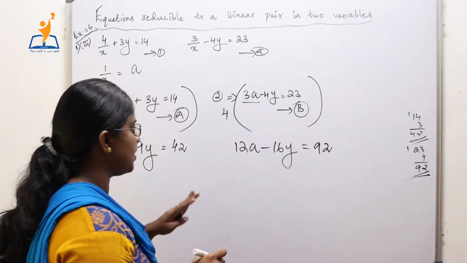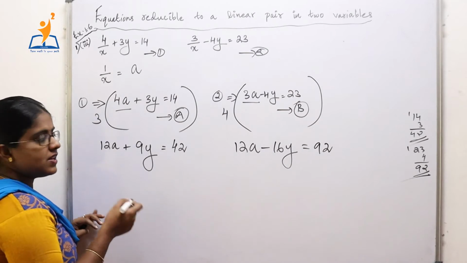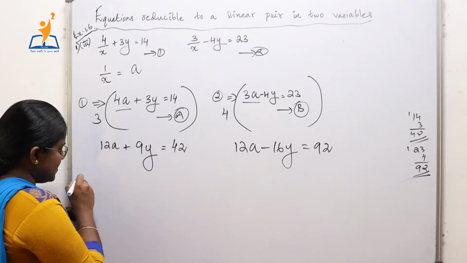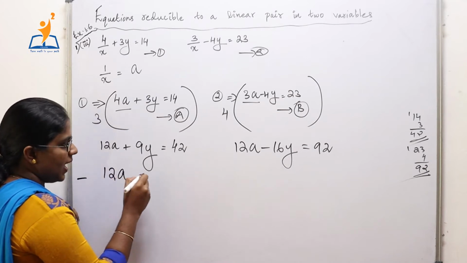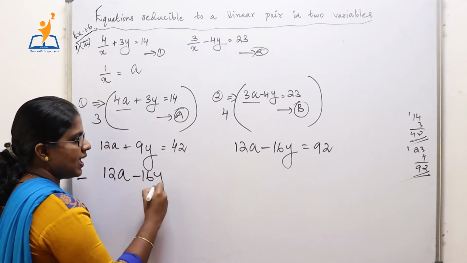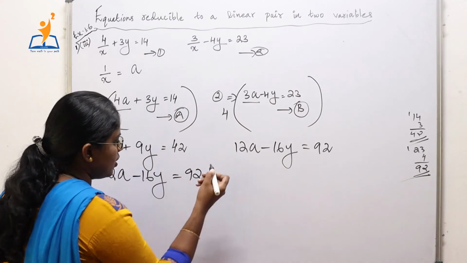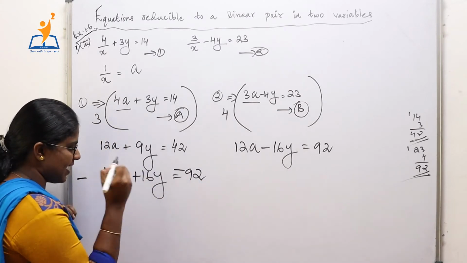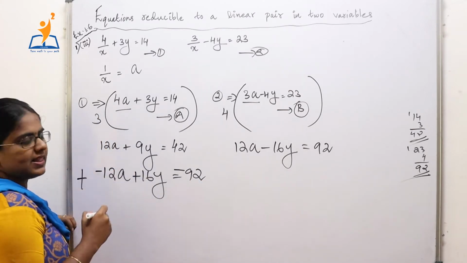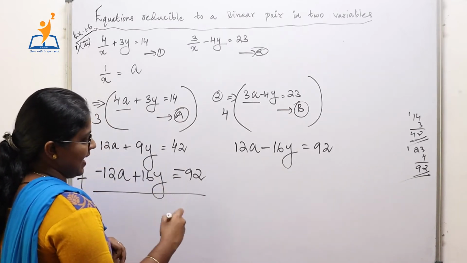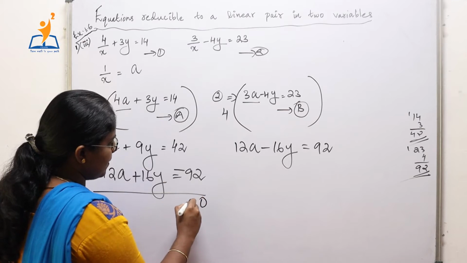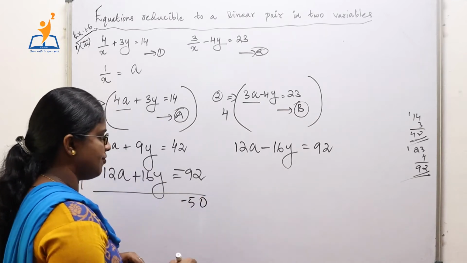So we got two equations like this. We want to solve this. So in order to solve this, we want to subtract this one, that. So 12a minus 16y equals 92. In order to subtract, we will change the signs and then add the equation. So what is 42 minus 92? It is simply minus 50.